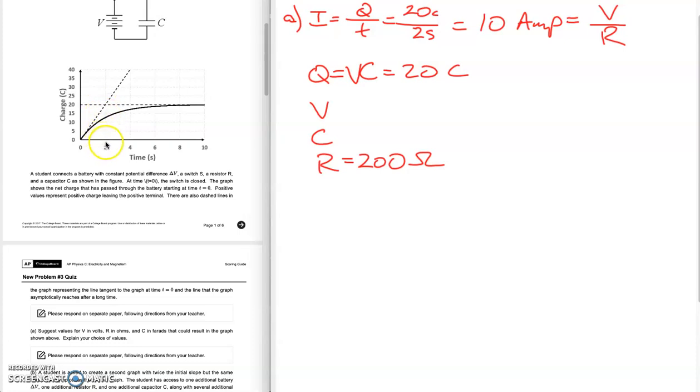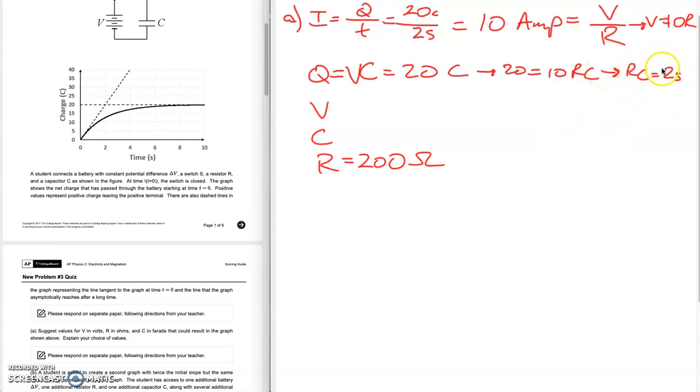this also indicates that our time constant should be 2 seconds. And we can get that by combining these two equations. So 10 amps is V over R, and if we rearrange this, V is 10R, and then we plug that into here, we get 20 equals 10 RC, so RC equals 2 seconds.